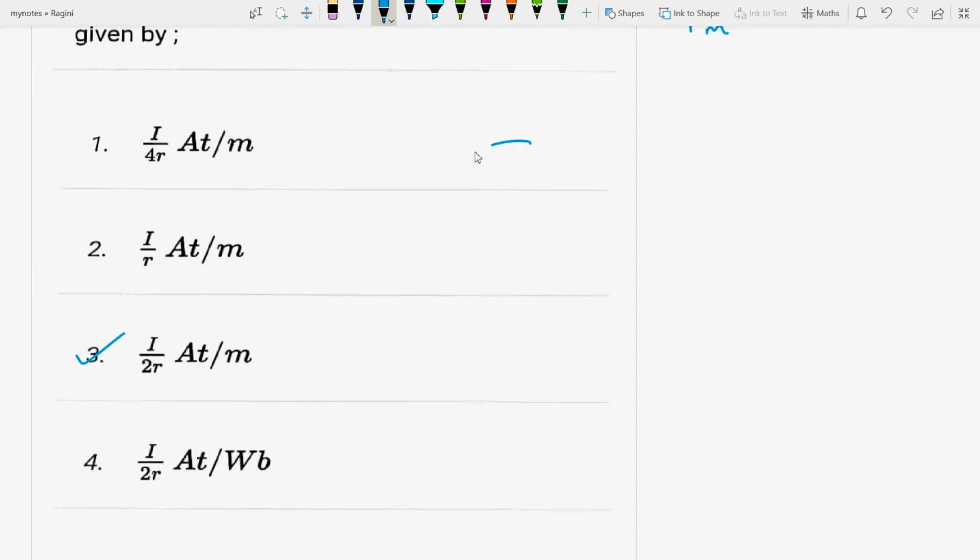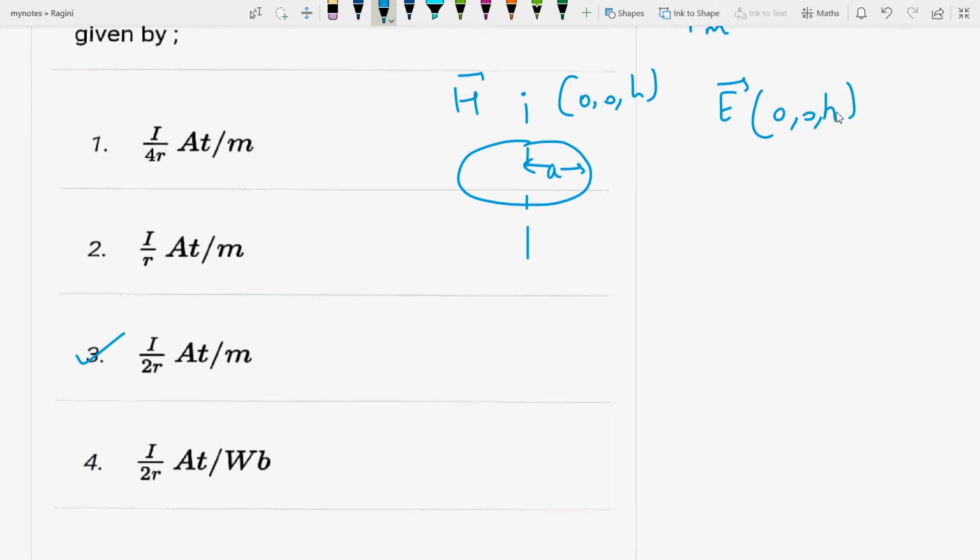For example, if this is a circular conductor and here it is the radius a, for example, this is the given magnetic field intensity, okay, its coordinates are 0 0 h. So magnetic field intensity at the coordinates 0 0 h, due to current I flowing in a circular loop, this is the current flowing in that circular loop, coinciding with the z-axis. जो भी current flow कर रही है, it is coinciding with this z-axis.